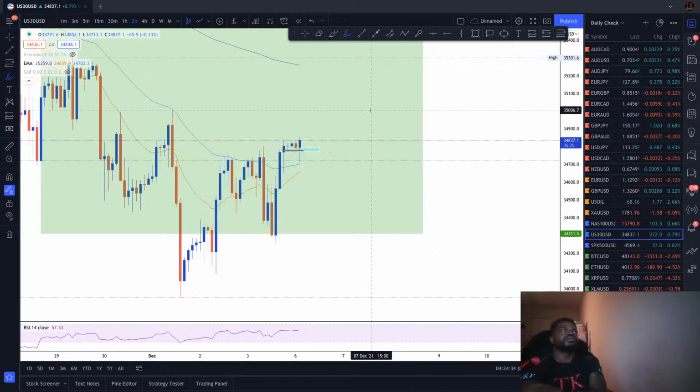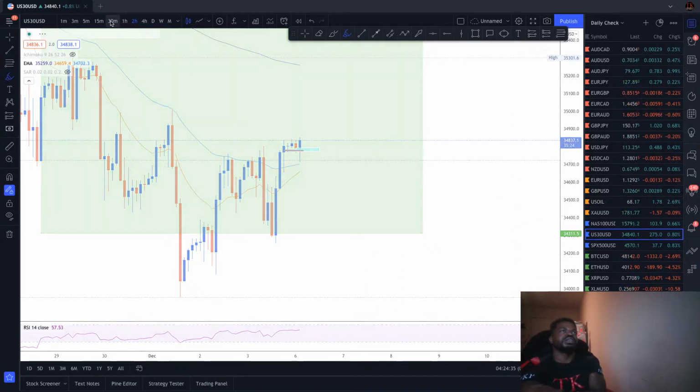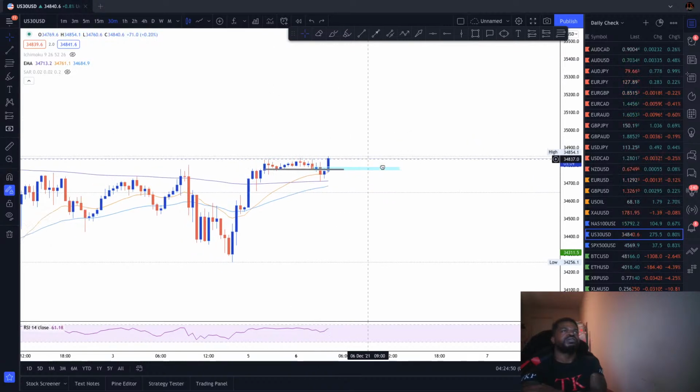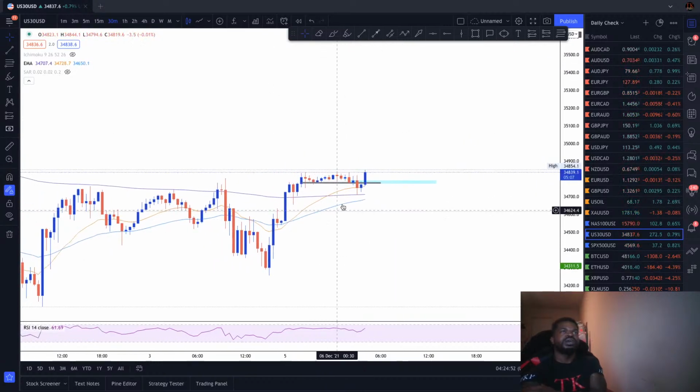Oh, we also looked at US 30. And we said if price could break and stay below this structural level, that there was a chance it could retest the lows, but that did not happen. Instead, it broke back above this microstructural level, and it looks like it just created a higher high.